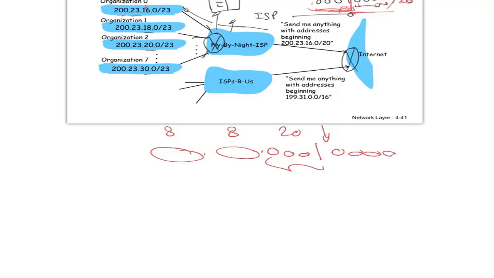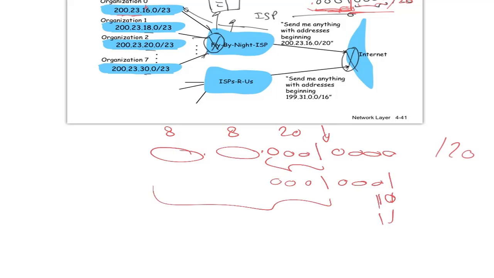So 17 is 0001, 18 is 01, 19 is 11, and so on. If I say /20, I'm looking for a match in the first 20 bits only. So it matches whether it's 16, 17, 19, whatever.